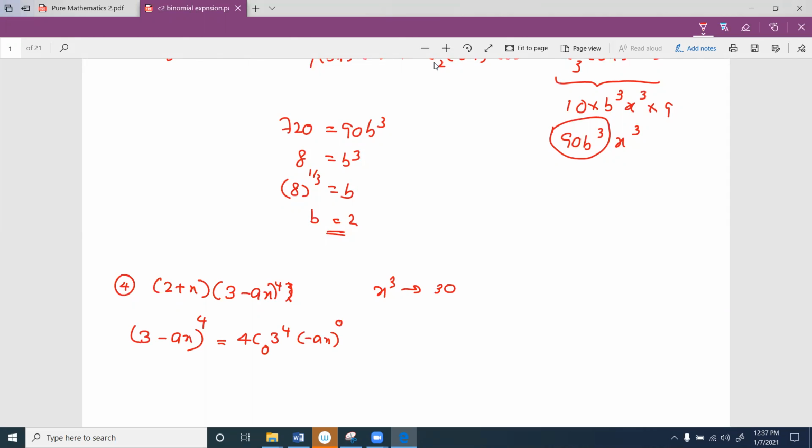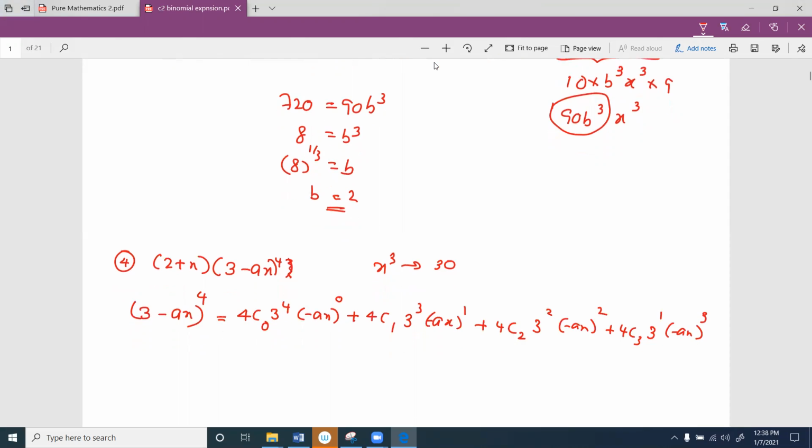Then this is 4C1, 3 to the power 3, minus ax to the power 1, 4C2, 3 to the power 2, minus ax to the power 2. We write up to x to the power 3, right? So you can say 4C3, 3 to the power 1, minus ax to the power 3. Writing up to here is enough.